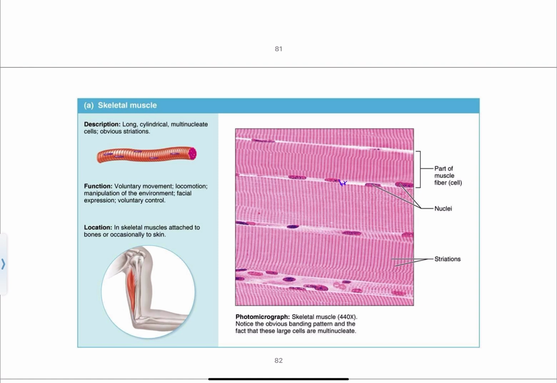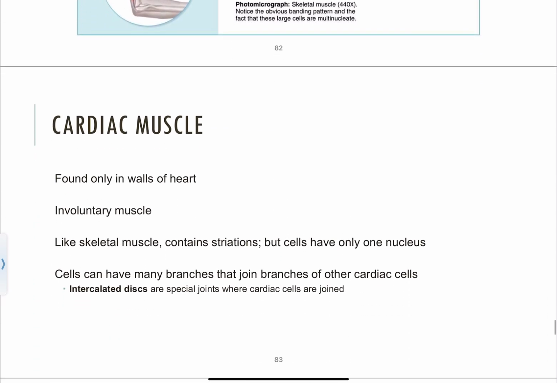This dark and light band alternation is what we call striated because it looks like it has striations. And again, you'll learn why it's striated when we hit the skeletal muscle system. But again, just kind of understand that we're talking about skeletal muscle. That's going to be the muscle that's attached to our bones, sometimes our skin, and it allows for our actual movement. Multiple nuclei, and they form the fibers, and we have striations in them.